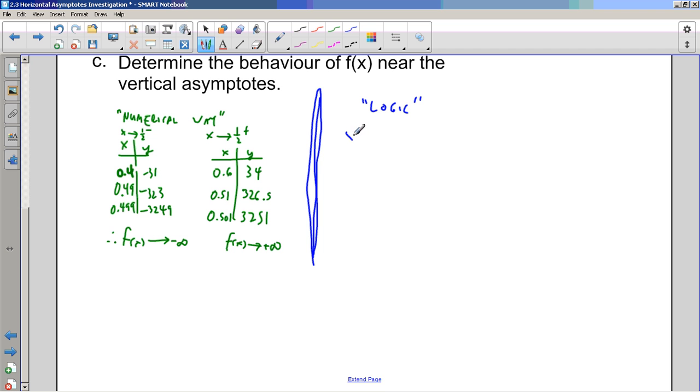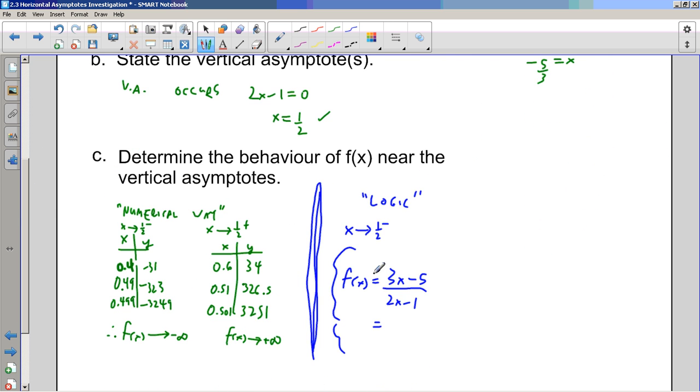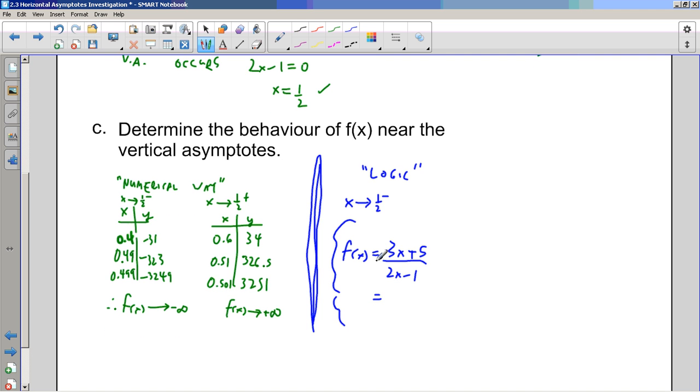The idea is I'm thinking of values going towards a half from the left, and so I'm thinking, well, what happens then to this expression? I got 3x plus 5 on the top, and 2x minus 1 on the bottom. Well, notice that on the top, 3 times a half is around 1.5, plus 5 is some positive number.